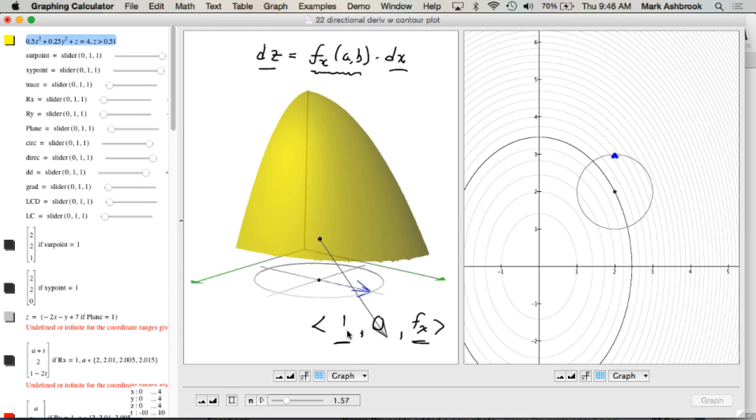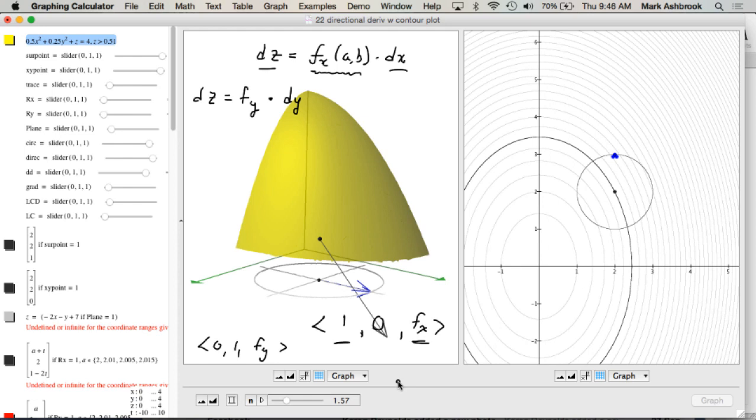X doesn't change. And so now we have the relationship that given any change in y, the change in z is the rate of change times the change in y. Therefore, we can use 0, 1, fy.